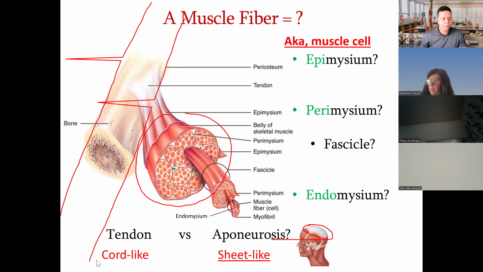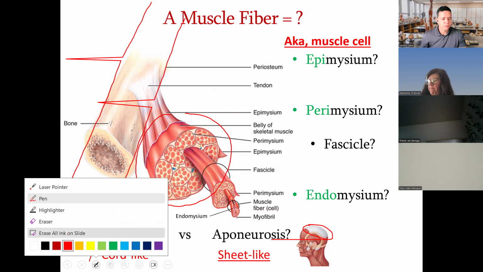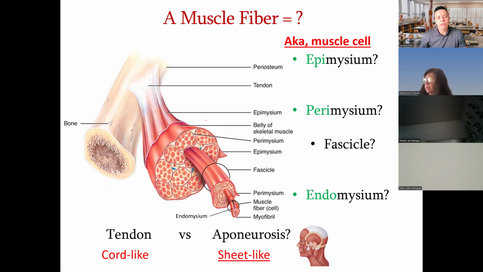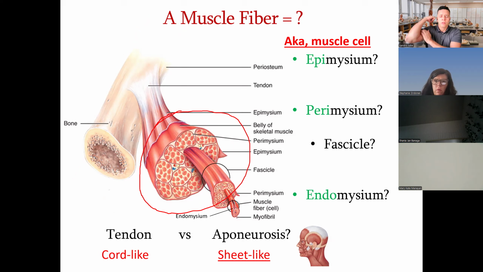Now, if you take a look at the cartoon here, folks, what are we looking at here? We are looking at what we call a muscle bundle. What are muscle bundles? Muscle bundles are the different groups of muscles that we have throughout our body. For example, the biceps brachii is a muscle bundle. The triceps brachii, the deltoids, the pectoralis major, the rectus abdominis, the latissimus dorsi, the trapezius, these are all muscle bundles.